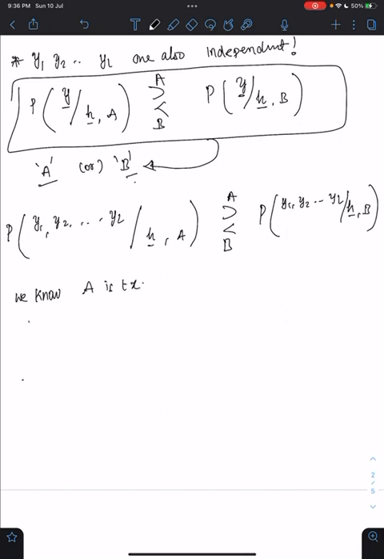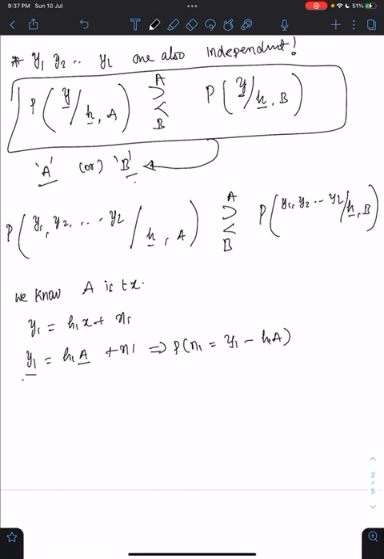Alright, so what is y1? y1 equals h1x plus n1, right? So we know A is transmitted, so y1 equals h1a plus n1. So the probability of occurrence of the event y1, given that we know A is transmitted, is the same as the probability of the event n1 equals y1 minus h1a.